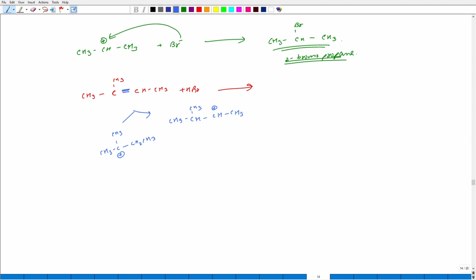Now we just have to see which carbocation is more stable. This is a tertiary carbocation, the carbon with the cation is attached to three other carbons, whereas this is a secondary carbocation. Tertiary carbocations are more stable than secondary carbocations, which are more stable than primary carbocations.